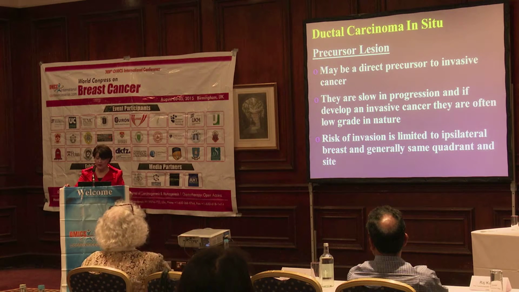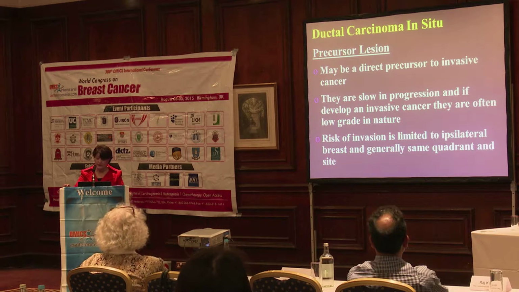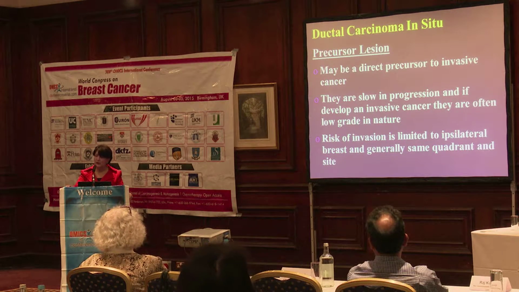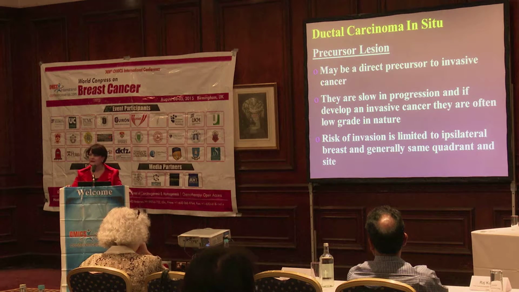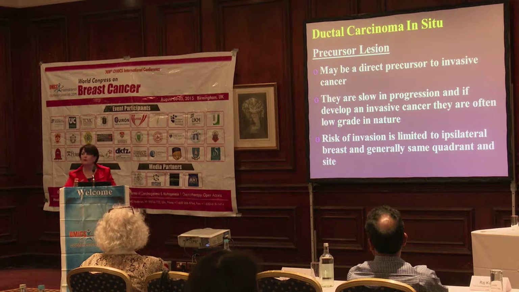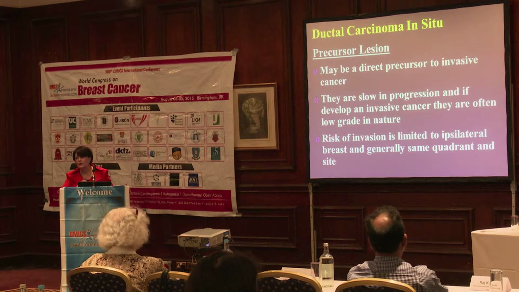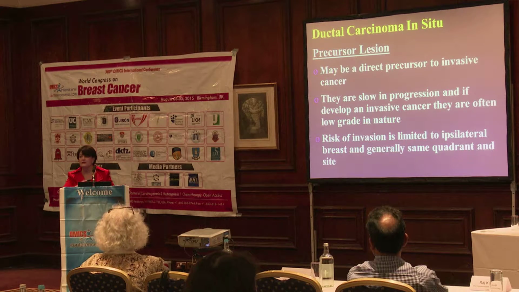They are slow in progression, and if they develop an invasive cancer, it is often low-grade in nature, as I indicated. And the risk of invasion is limited to the ipsilateral breast, and generally the same quadrant and site. That is a very important component, because these kinds of lesions are recognized by some people as a segmental and focal disease rather than a systemic problem.